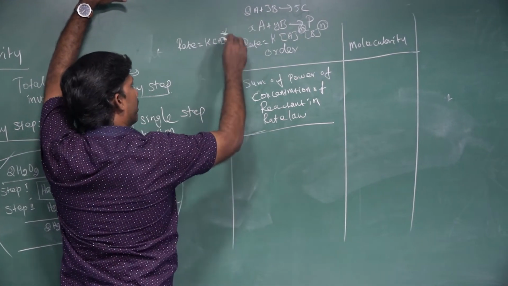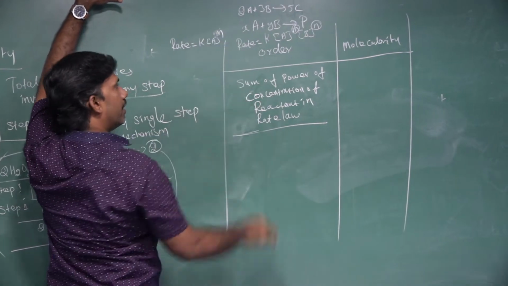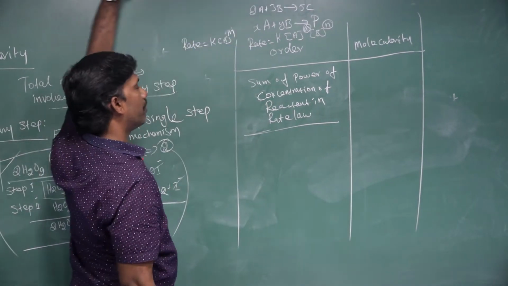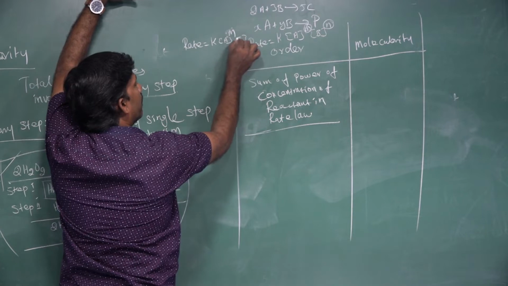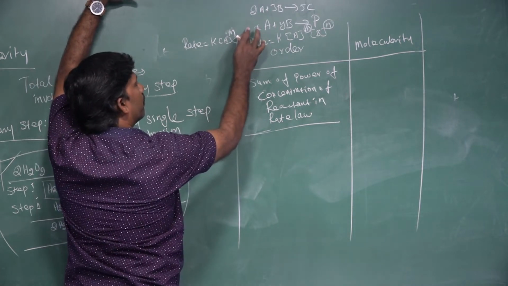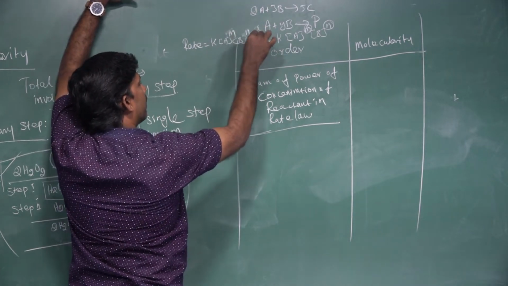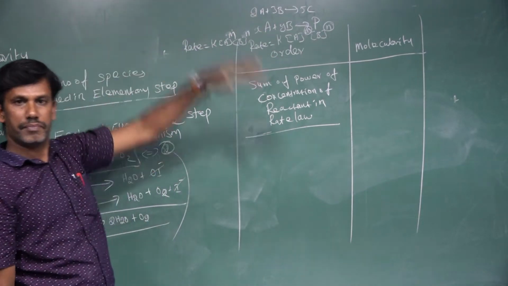That is not stoichiometric. It should be determined experimentally. You cannot simply put B power 3 either. You need to find it by experiment only.